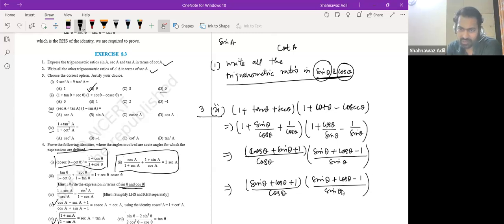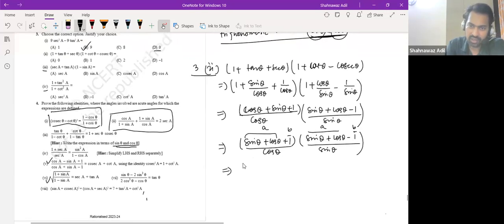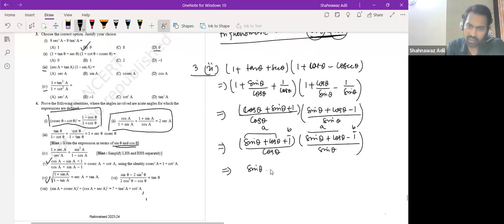Let's say this is A, this is B, this is again A, this is B. What is this identity, guys? A plus B into A minus B. Yes, absolutely right. So we can write this as sine theta plus cos theta whole square, A square minus B square. Am I correct?